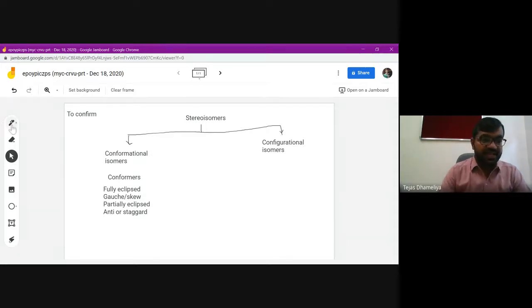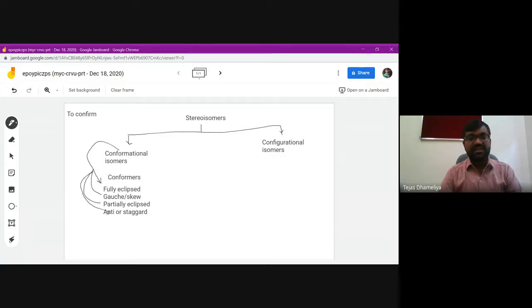These are the main four types of conformational isomers: fully eclipsed, gauche, partially eclipsed, and anti or stable. How they differ from each other, we will see in the coming discussion. So let us see what these types of conformers are.